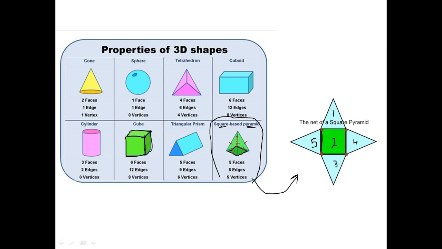Oh, but it's written 5, right? 5 vertices. Where's the 5th one? If I close this pyramid, where can I find it? Here at the top, the meeting point for all the edges. So again, let's do them from the beginning.